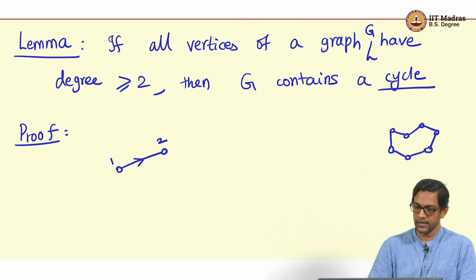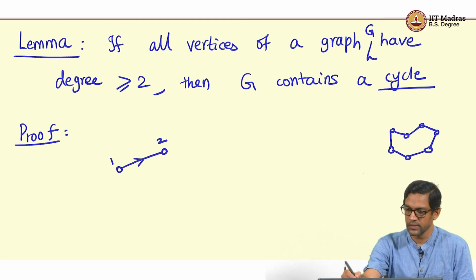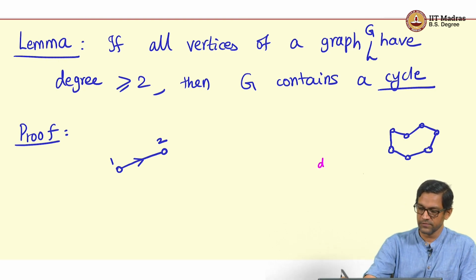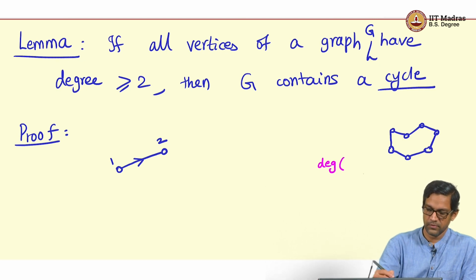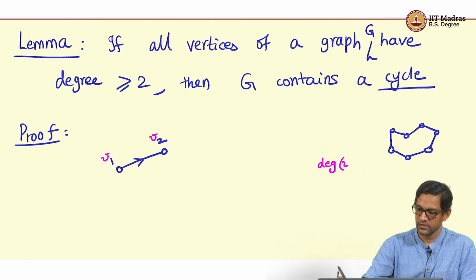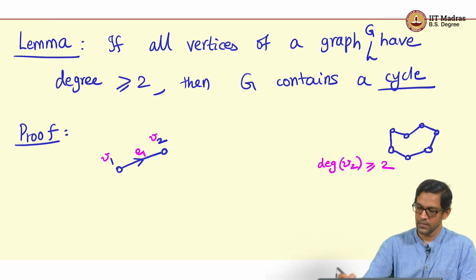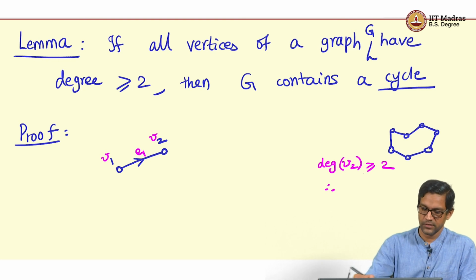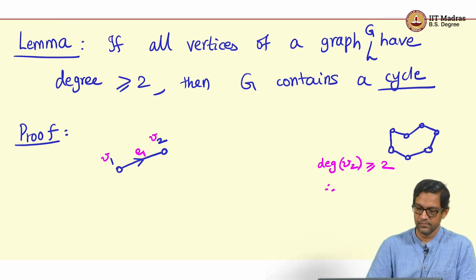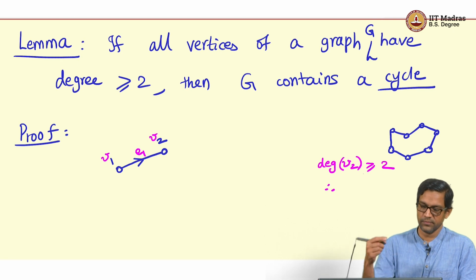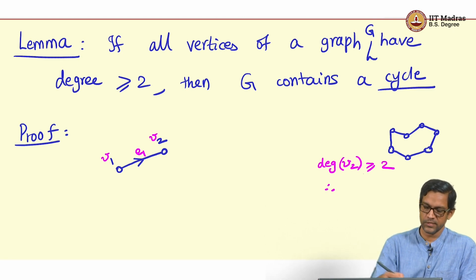Now, having arrived at 2, here's what I do. Let's call these V1, V2 and so on, vertex 1, vertex 2. If the degree of V2 is at least 2, and let me call this edge edge 1, therefore there exists another edge meeting at V2 which is not the same as E1.